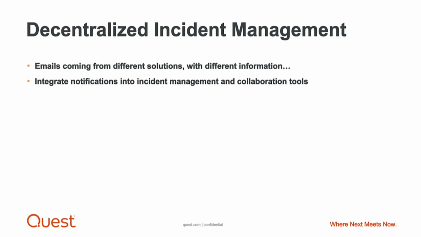It would be a lot more efficient if that workflow could just be seamlessly integrated. So as the IT administrator, or the DBA in this case, is being notified of a problem, an incident's already been created, it's being tracked in the incident management system, and then maybe even that incident management system can synchronize with our monitoring solution so that the monitoring solution accurately reflects the status of the incident.